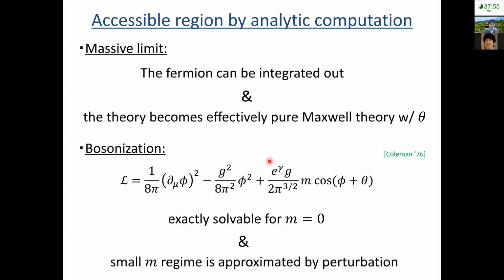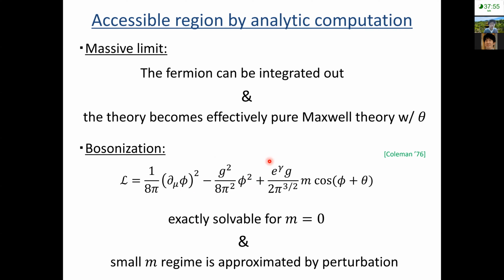Even if we consider the imaginary time case, we have a complex action, and we have a sign problem when theta is not small. So in summary, we have this map of accessibility or difficulty.